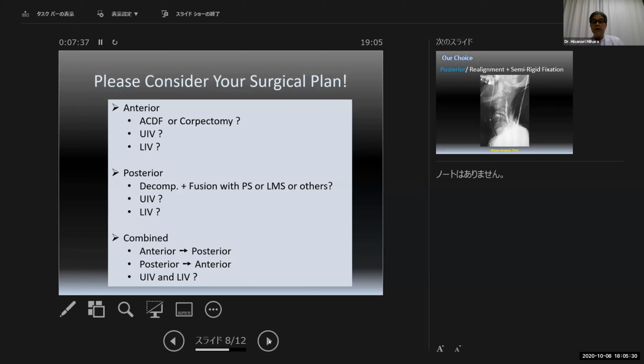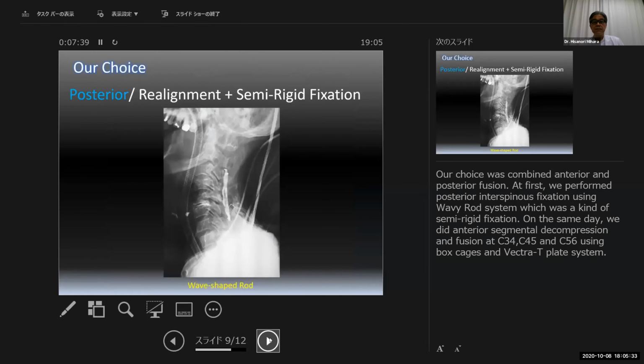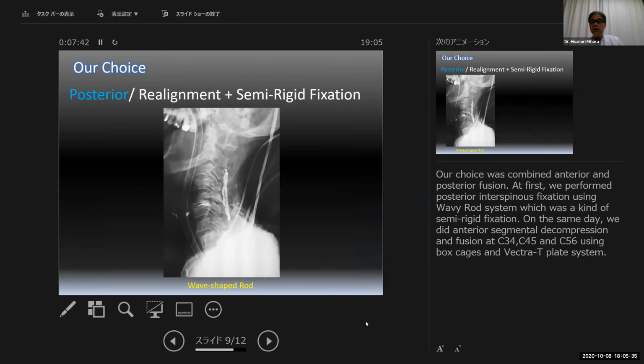Upper thoracic, wow. Very good, very smart surgeons we have today. Okay, may I advance my case discussion? So our choice was combined anterior and posterior fusion, as most doctors select.